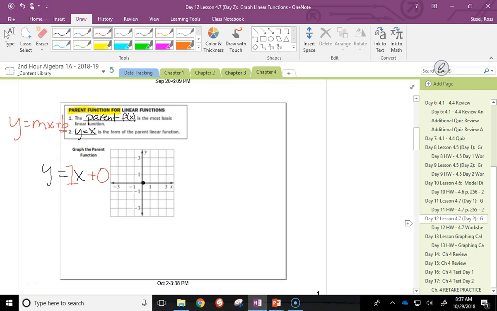If you start at 0, you do rise over run, you would go up by 1, over by 1, that would be your next point. What would you do to find your next point? Up 1, over 1. Make sure everyone's putting this in their notes. You should be copying that.